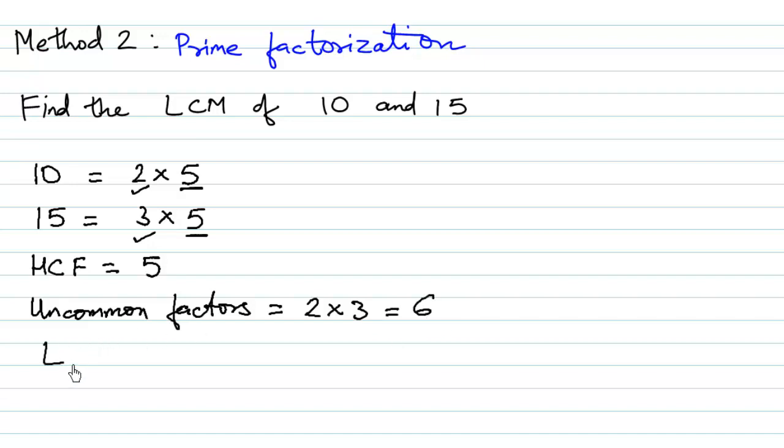So the least common multiple of 10 and 15 is this number, the HCF, and this number, the uncommon factors. So that is 5 multiplied by 6, and that is 30. If you write down the table of 10 and the table of 15, the smallest number which is common to both the tables is 30. 10 3s is 30, while 15 2s is 30.